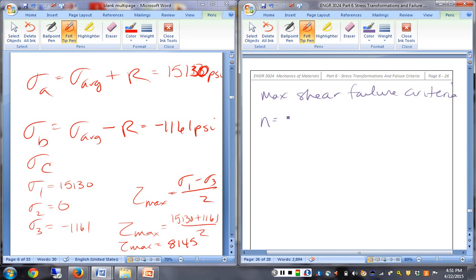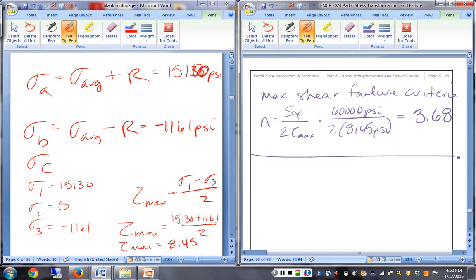FS equals yield strength over 2 times the max shear. What's the yield strength? It was given in the problem statement as 60,000. What was tau max? That was what we just figured out, 8145. So that ends up being 3.68.